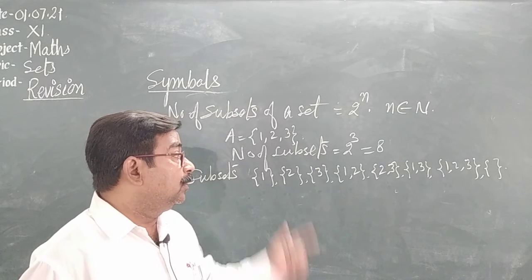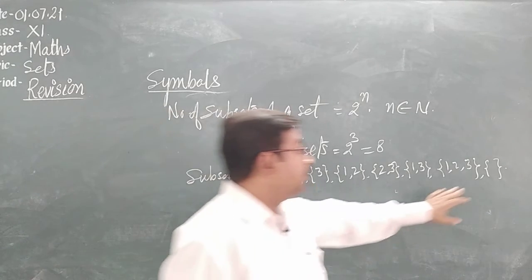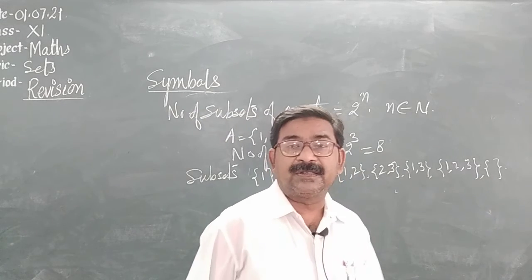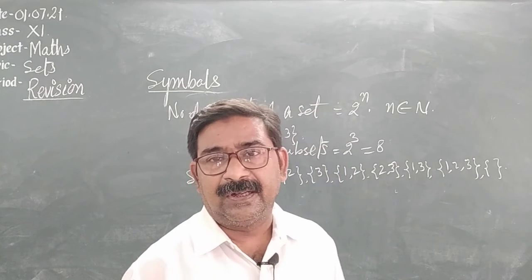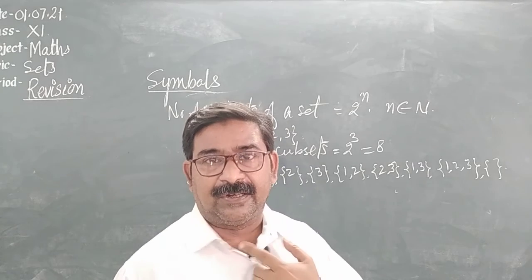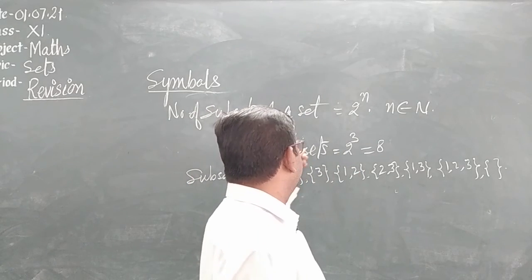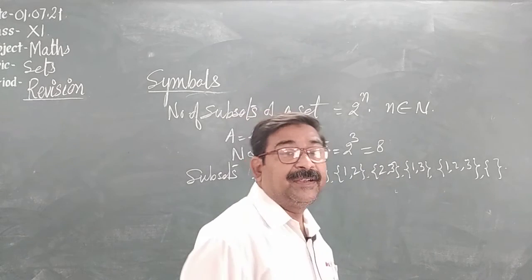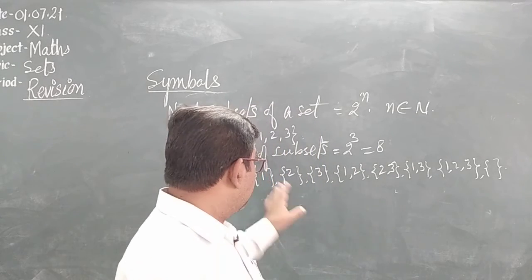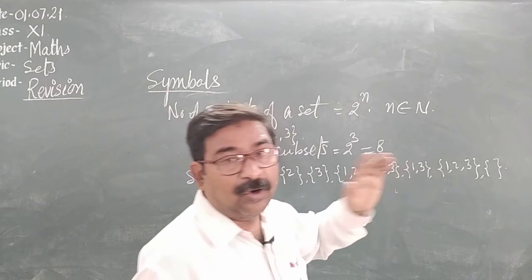So, one thing is very clear, that the empty set is a subset of every set. Here the set had 3 elements, so total 8 subsets. I have written them, separating the elements one by one or all together.